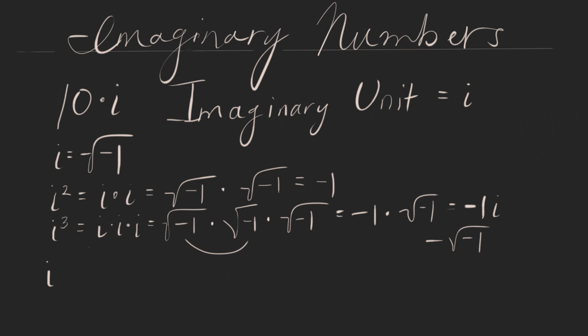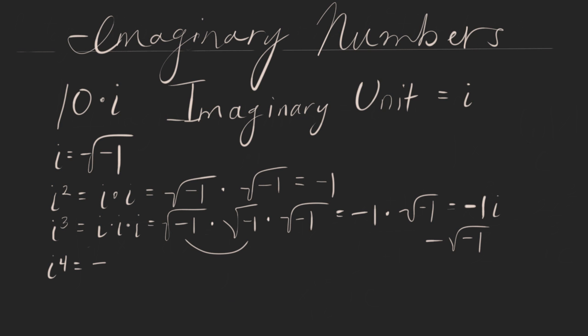You can go a little further here. i to the fourth. I'm not going to write them out because I'll take up the entire space here, but we'd have 4 of these square roots of -1. So we'd have 2 -1s.